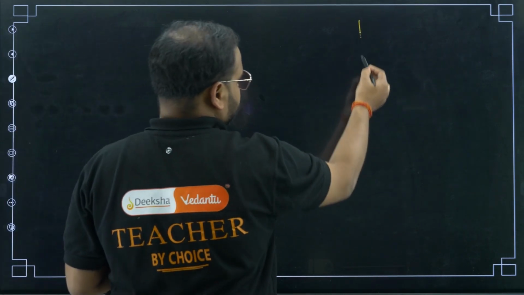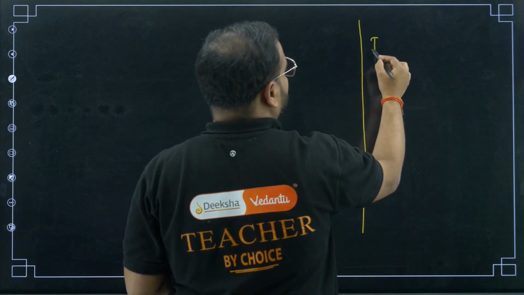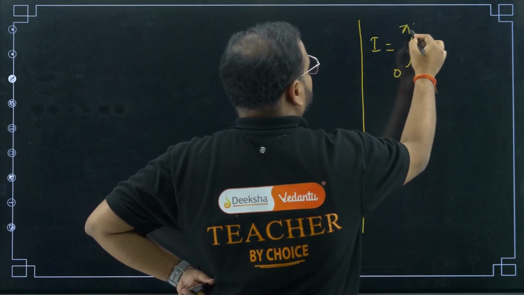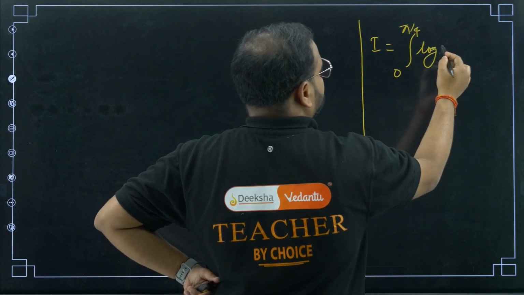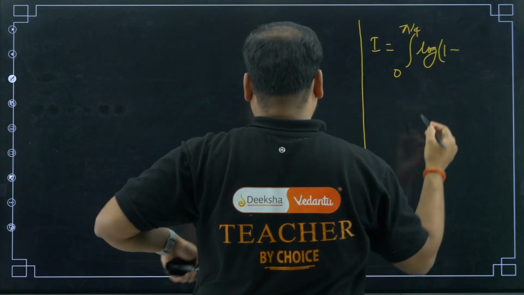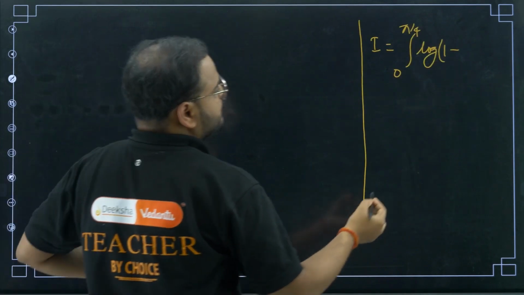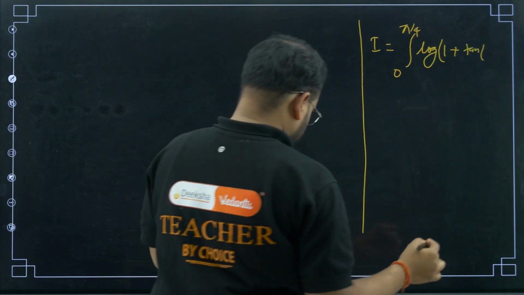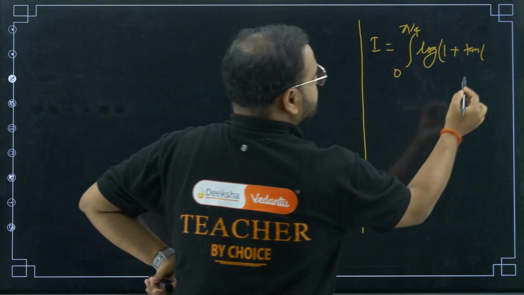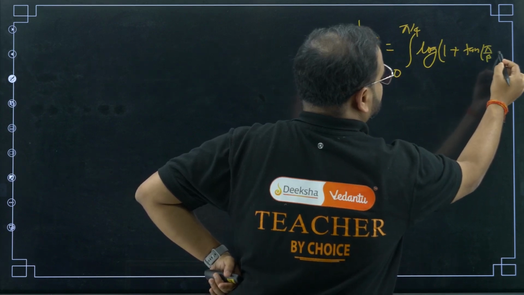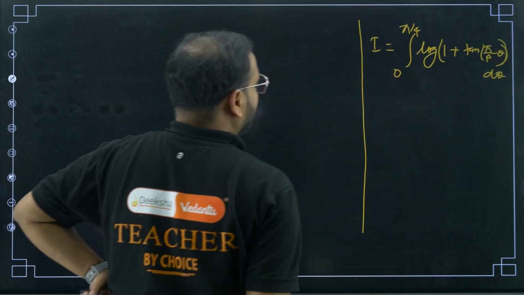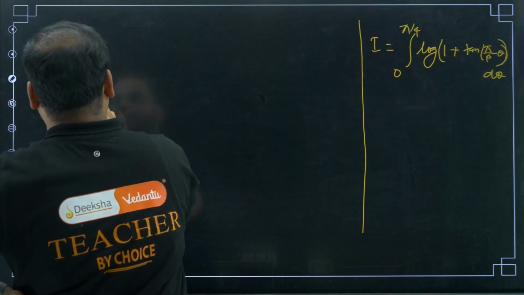Have a look. The integral I will be from 0 to pi by 4 of log of 1 plus tan of pi by 4 minus theta, with d theta. No problem, sir.